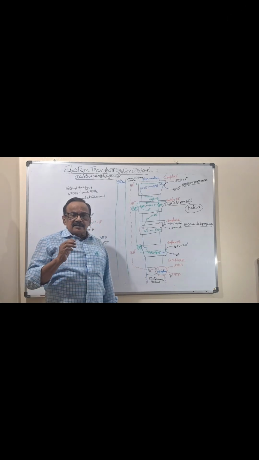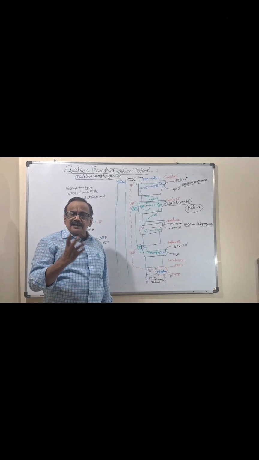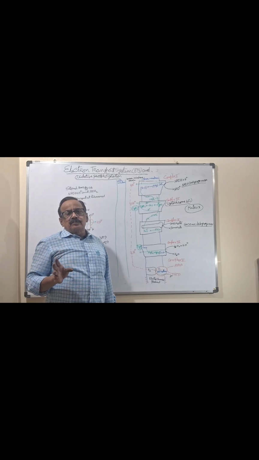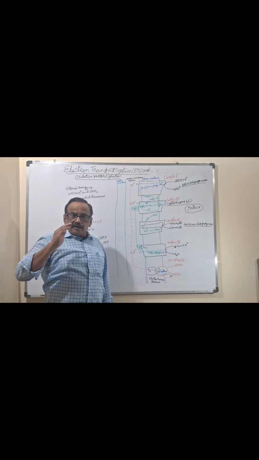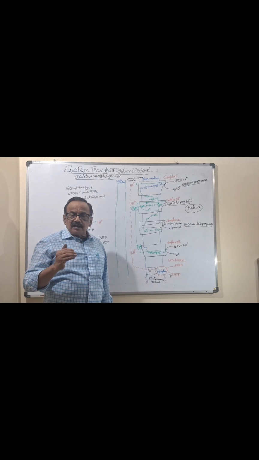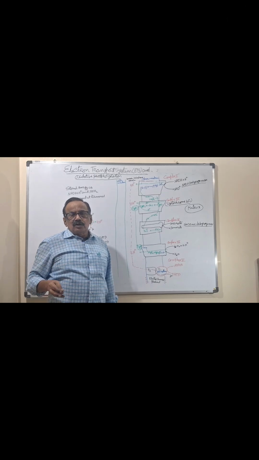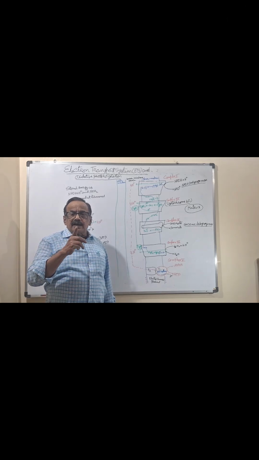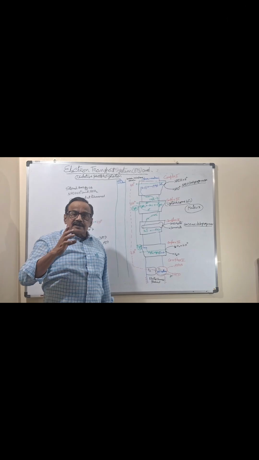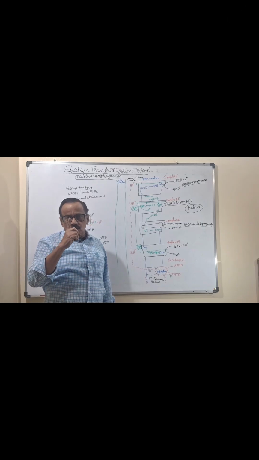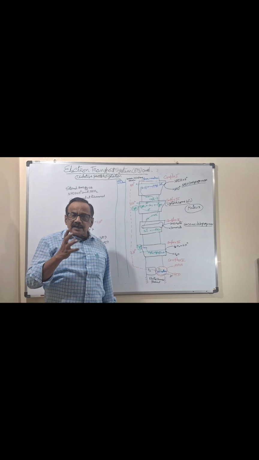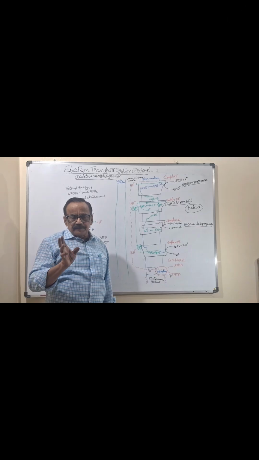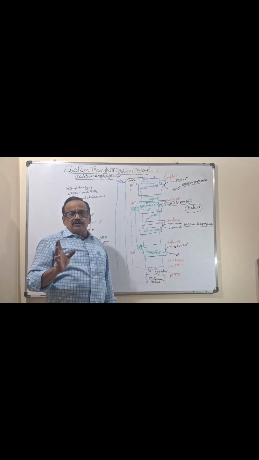In the matrix of the mitochondria, it is also produced outside the Krebs cycle, 1 NADH, and inside the Krebs cycle 3 NADH are produced, that we already studied, and one FADH2 is also produced.